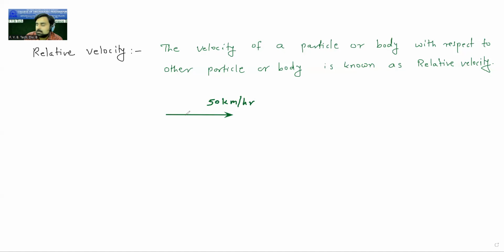And now another bus comes and starts overtaking this bus at a speed of 60 km per hour. Then you are looking at that bus which is overtaking. What do you feel, that it is going with a very high speed, or that the speed of both buses is the same?